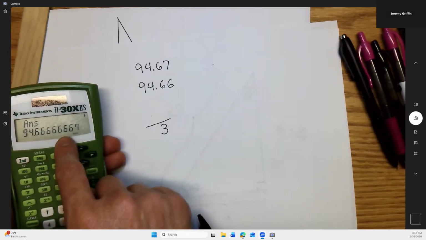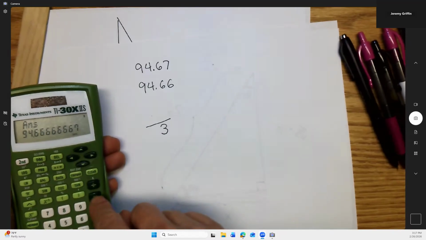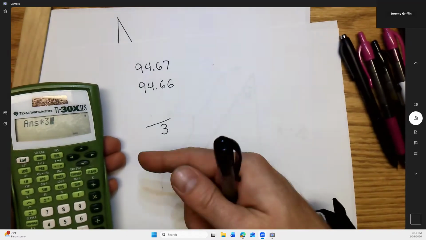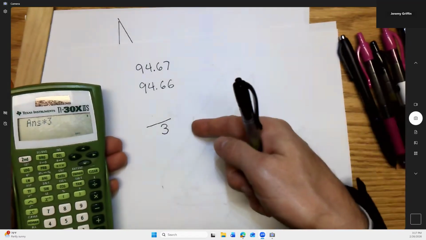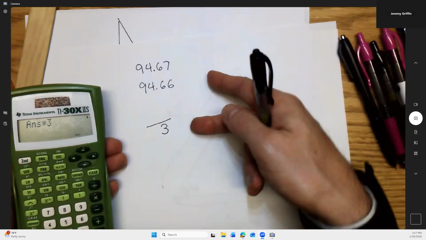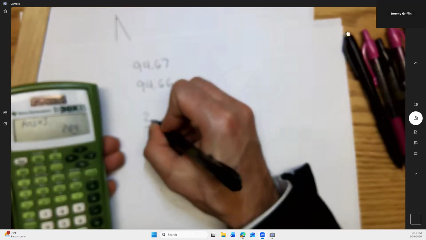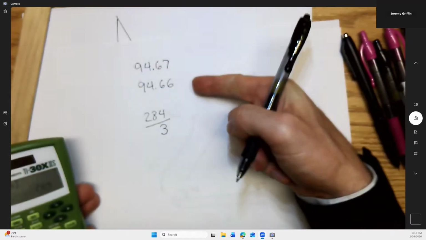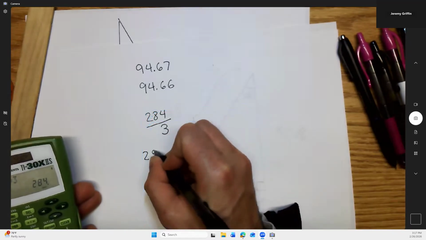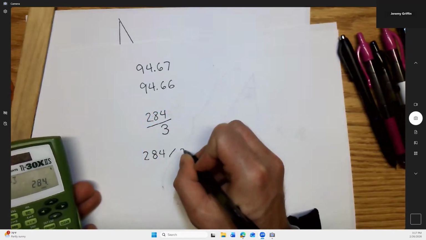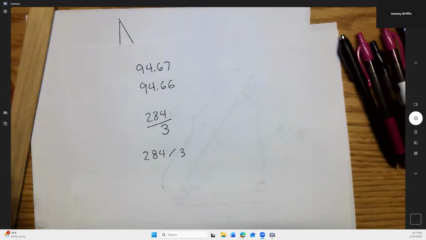Do this: say times 3. Whatever number this is, it's no longer going to be a crazy decimal. It's going to be a nice whole number. And then if I were to divide that by 3, that would be equivalent. So 284. So these are all the same thing. If you write and bubble in 284/3, you would also get full credit.